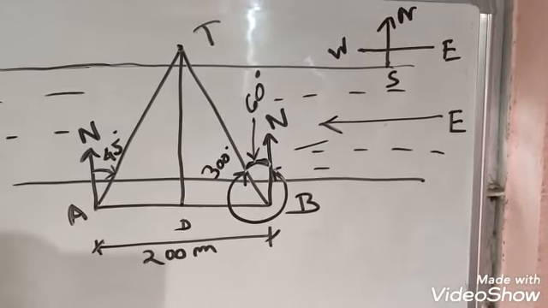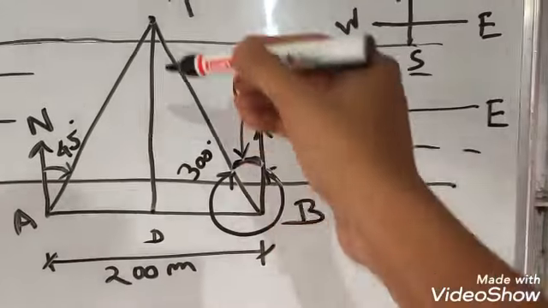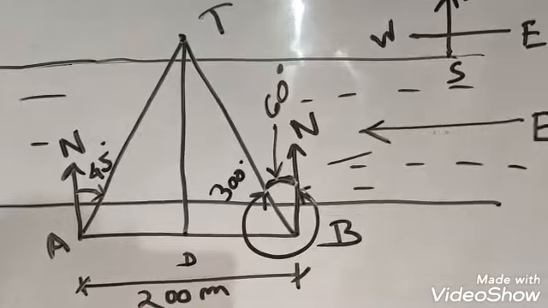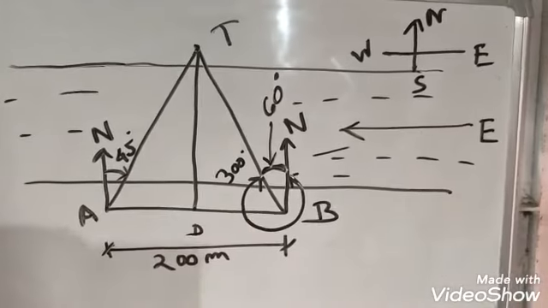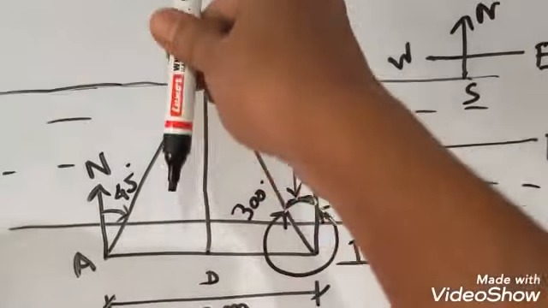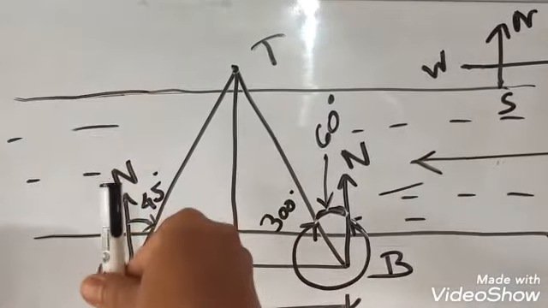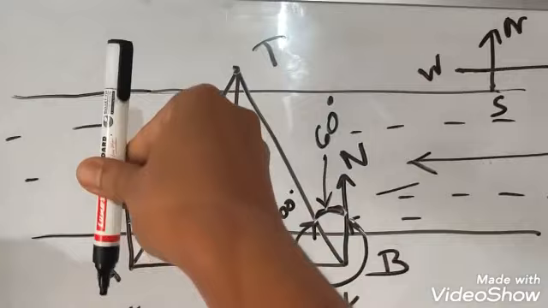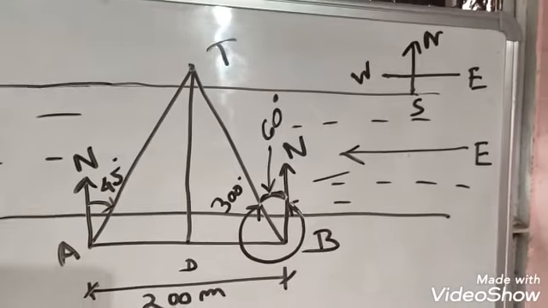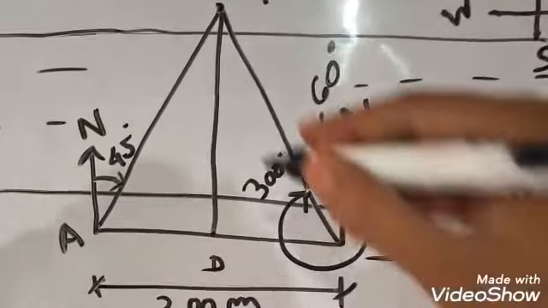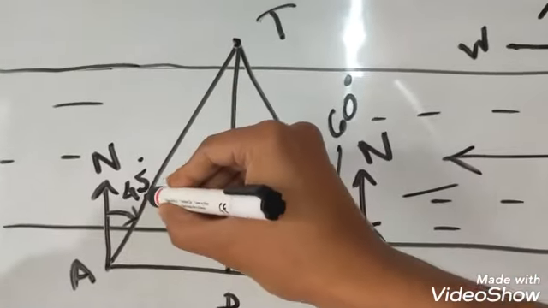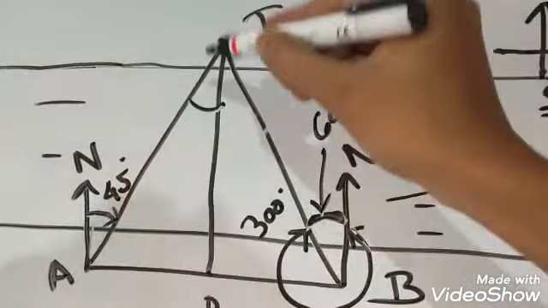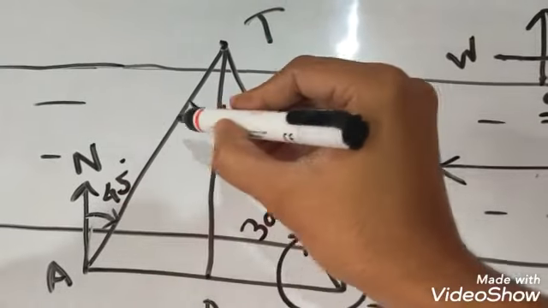Now in the next step, we have drawn a perpendicular TD on the line AB. From the figure we can see that this perpendicular TD is parallel to the north direction. If TD and the north direction line are parallel, then this angle will be equal to this angle.